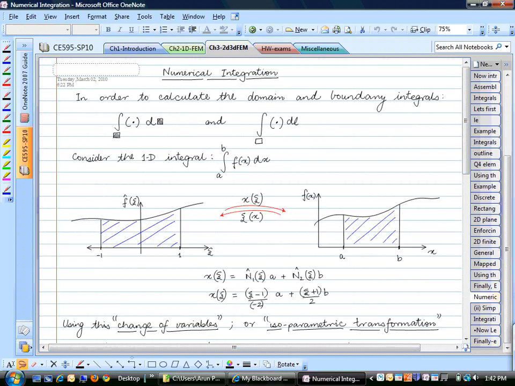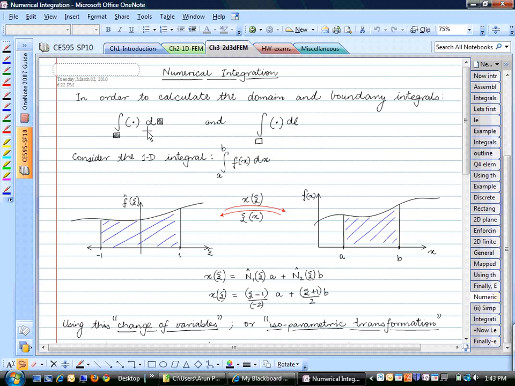So the idea is that to do any kind of numerical integration, I'm denoting that integrand with some quantity, this dot. And this dot is basically some sort of a function that you need to integrate over the area. And similarly, you have the boundary terms that you would have to integrate. That's just some term over the length of the boundary.